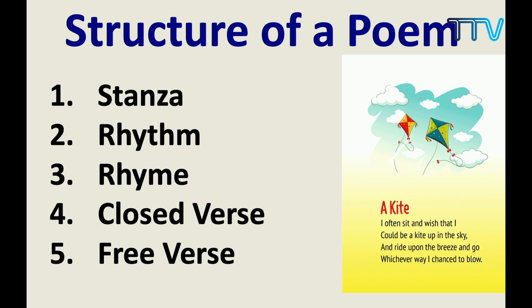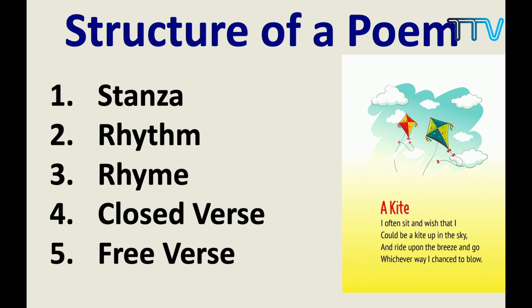In order to understand what we mean by closed verse, it's important to first understand free verse. Free verse, I told you, is a form of poetry where the poet does not follow a particular rhyming pattern. This kind of poem is called free verse, and the opposite of free verse is closed verse.